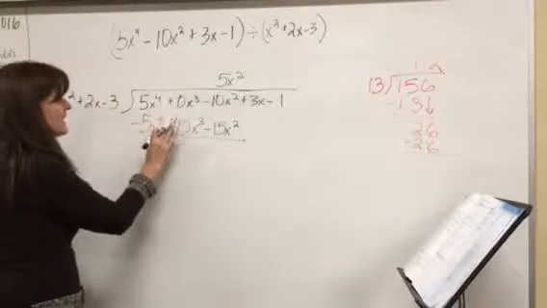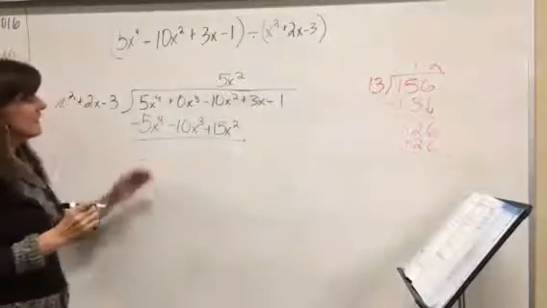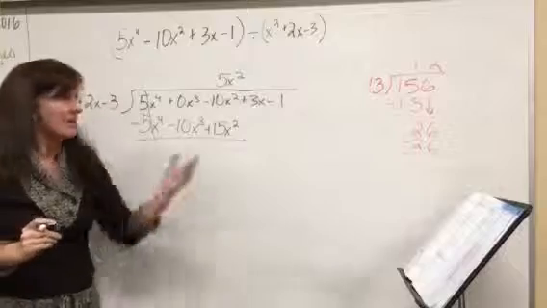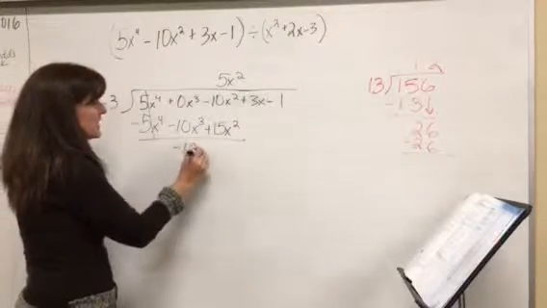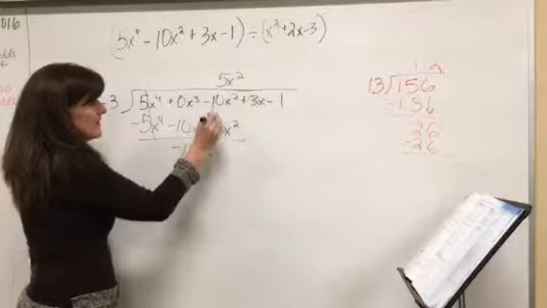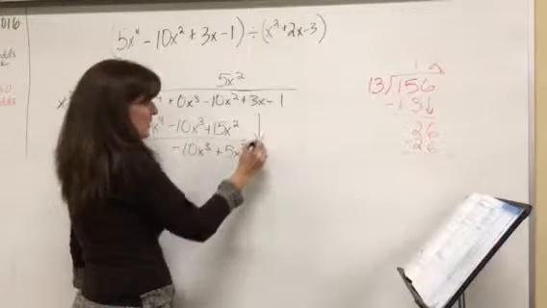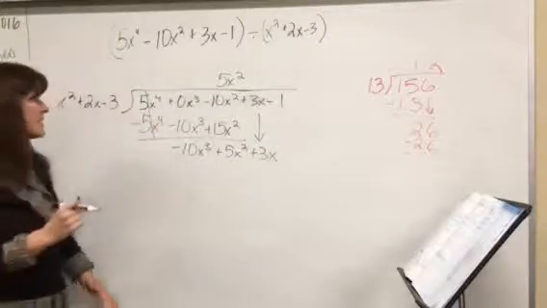So I'd make that a negative, this a negative, and that a positive. And then I just add down. The first term's always going to cancel out because we figured it out that way. I'm going to bring down negative 10x cubed. 15 minus 10 is 5x squared. And I'm going to bring down plus 3x. And we do the whole process over.